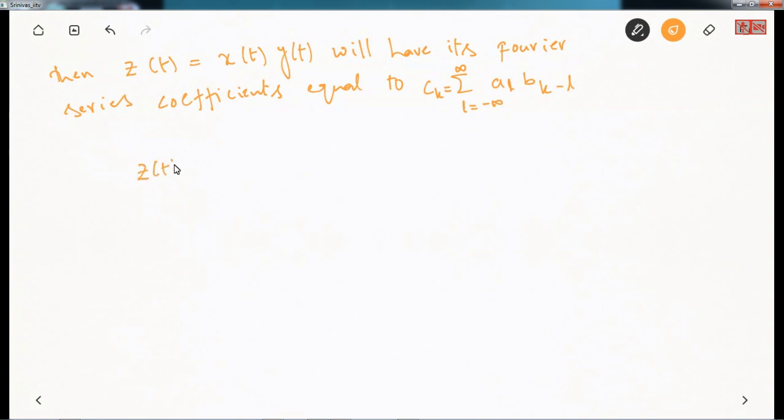So z of t's Fourier series is nothing but the sum of c_k e^(jk omega naught t), where c_k is given by the sum of a_l b_(k minus l), l equal to minus infinity to plus infinity.